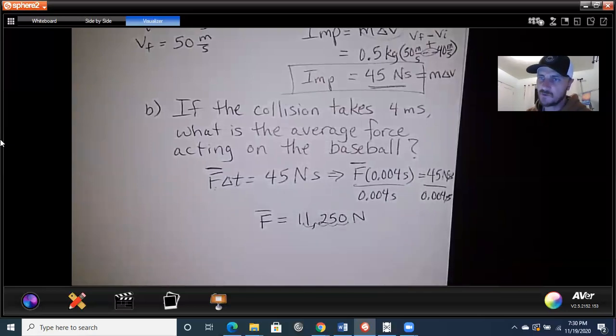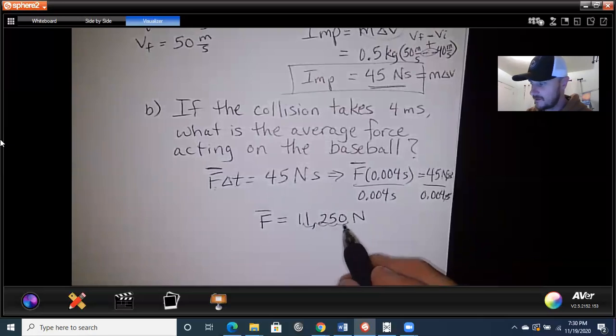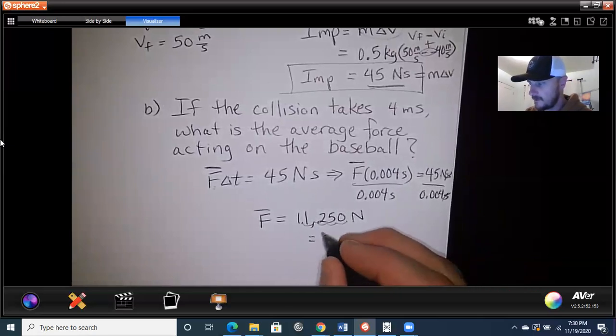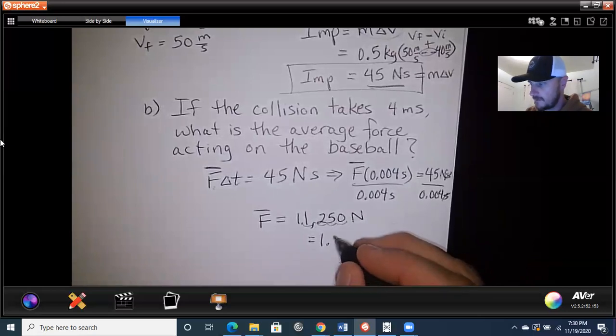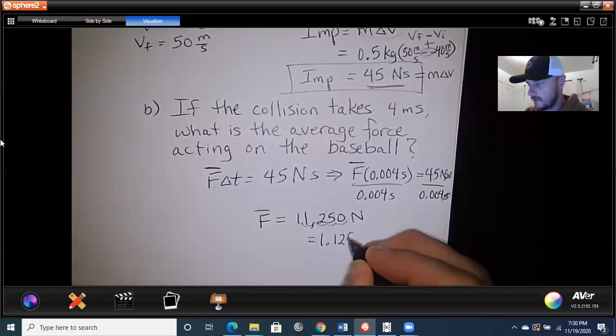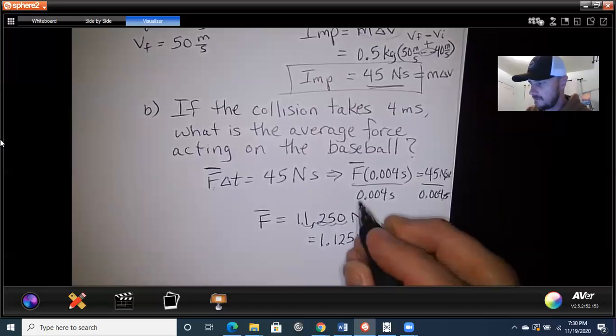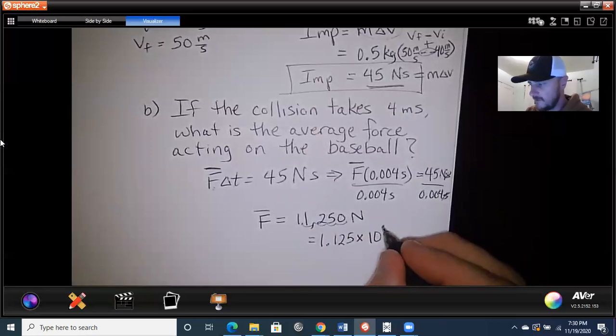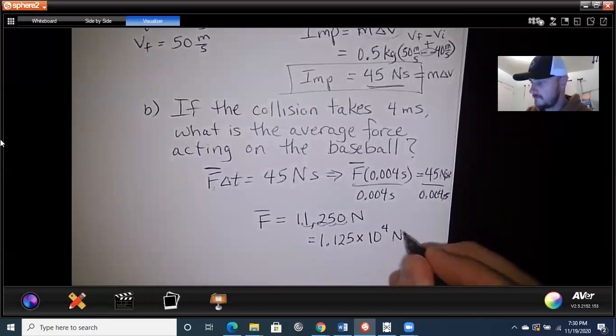So you move your decimal till you get to a number between 1 and 10. Stopping there gives me 1.125. And really, if I was going to write this, I'd probably write 1.13. I'd round it up, but I'll go ahead and write that. Times 10 to the 4 decimal moves means 10 to the 4th newtons.